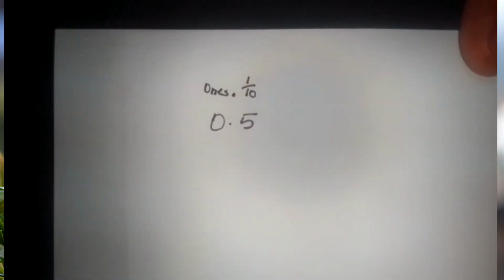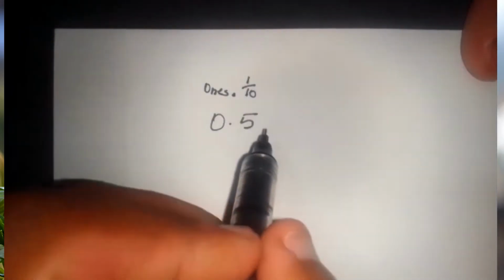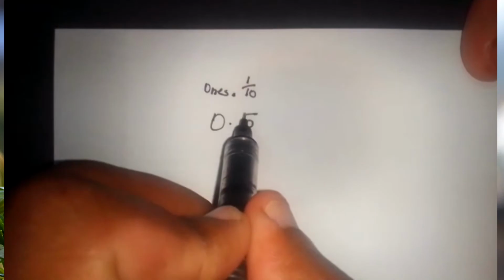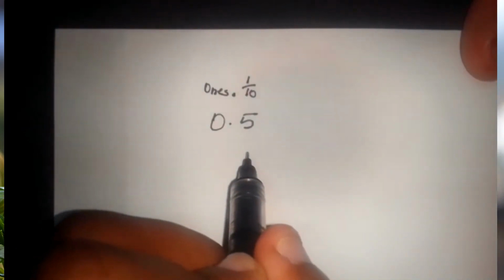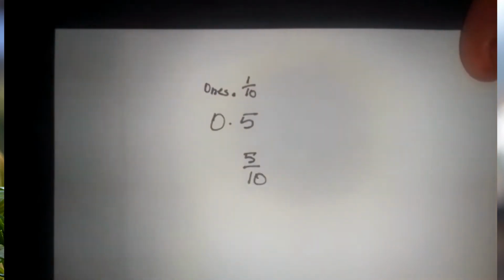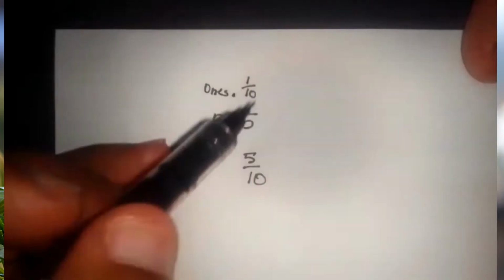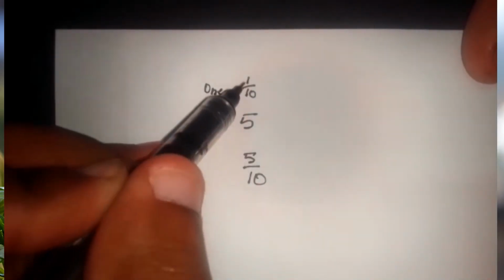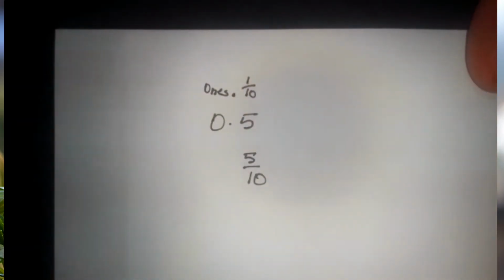If I know that, I can easily write a decimal as a fraction. So I just look at this number and say 5 over 10. That's it, because it's in the tenths position.